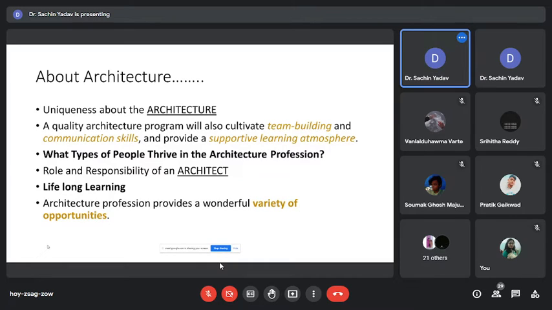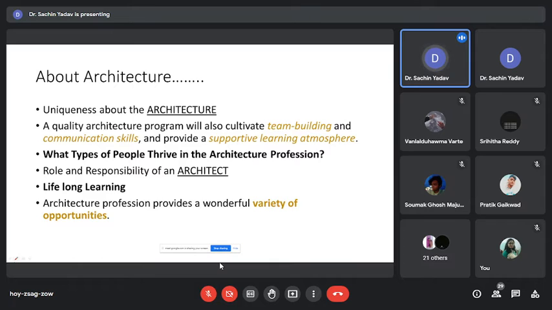So that is something great in this profession, where you can feel the space, the impact of architecture on the environment.